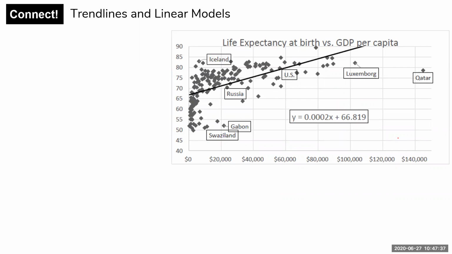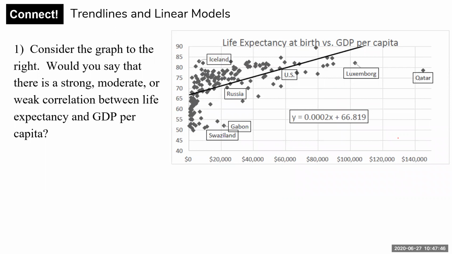Now let's begin taking some practical examples. Here we have life expectancy at birth versus GDP per capita, and we want to consider the graph to the right. Would you say that there's a strong, moderate, or weak correlation between life expectancy and GDP per capita?